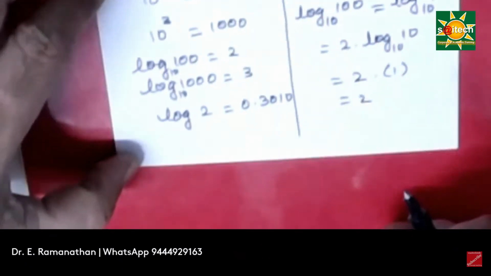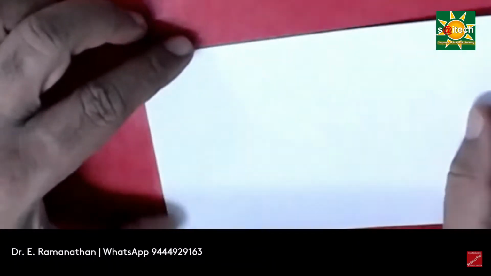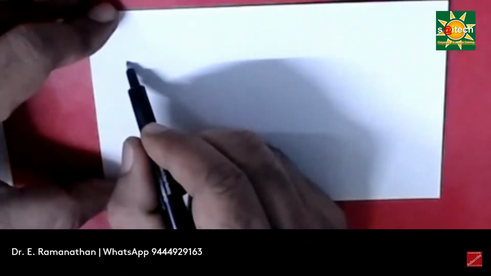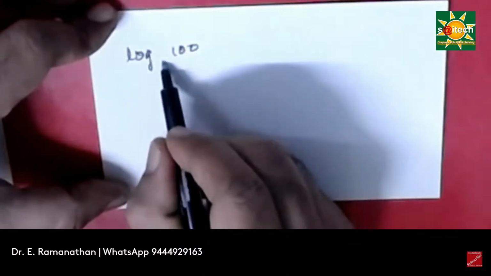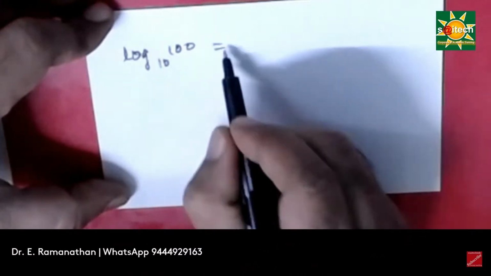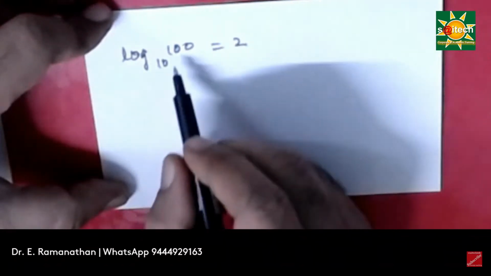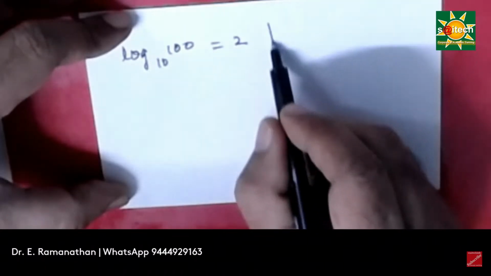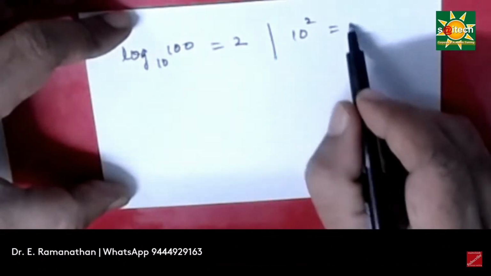Let me write that once again: log 100 to the base 10 is equal to 2. Got it? So we can convert this into exponent form: 10 squared is equal to 100.